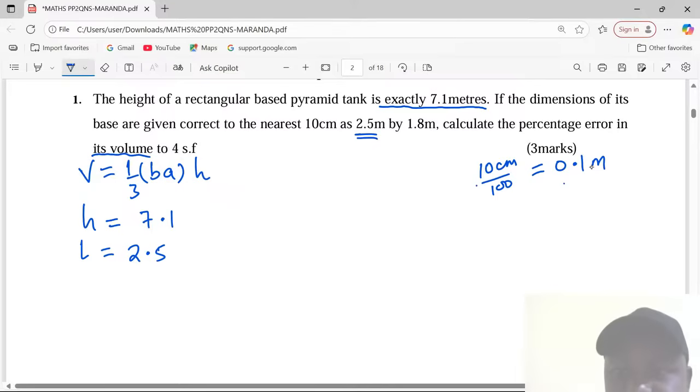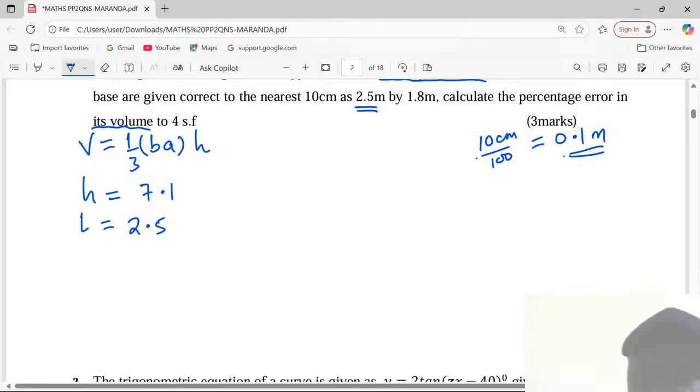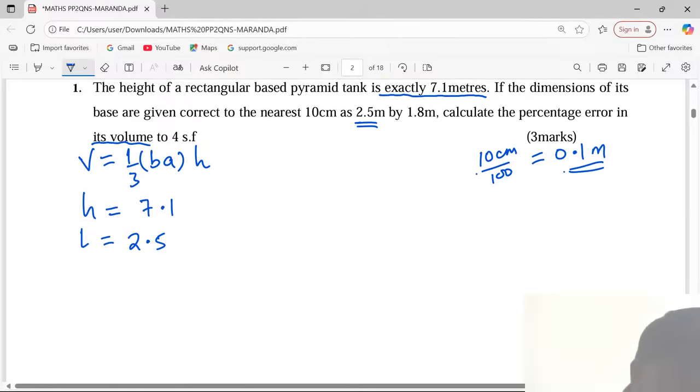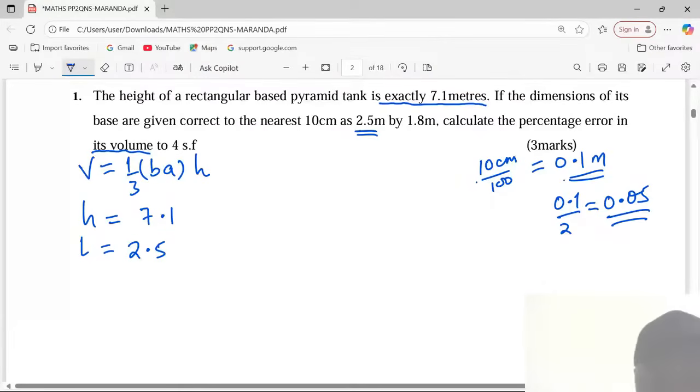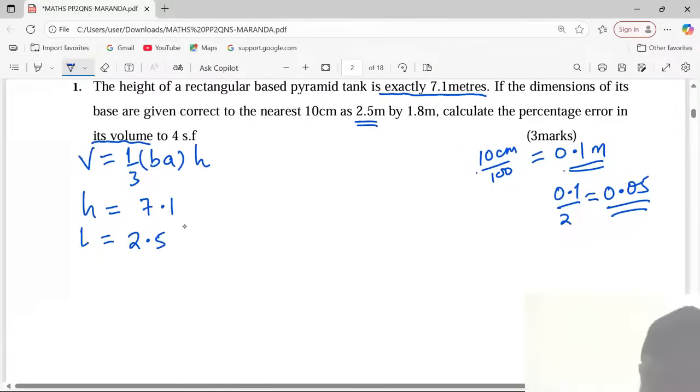So the accuracy in the recording of the base length is 0.1. So how do we get absolute error? Absolute error is gotten by, we take the accuracy 0.1 and we divide it by 2. This is 0.05. This is the absolute error in the recording of the dimensions of the base. So we add or subtract 0.05.